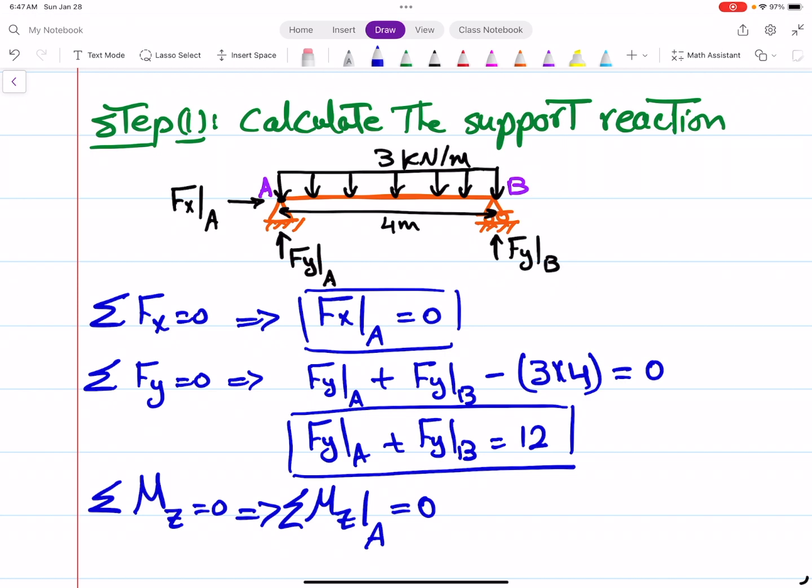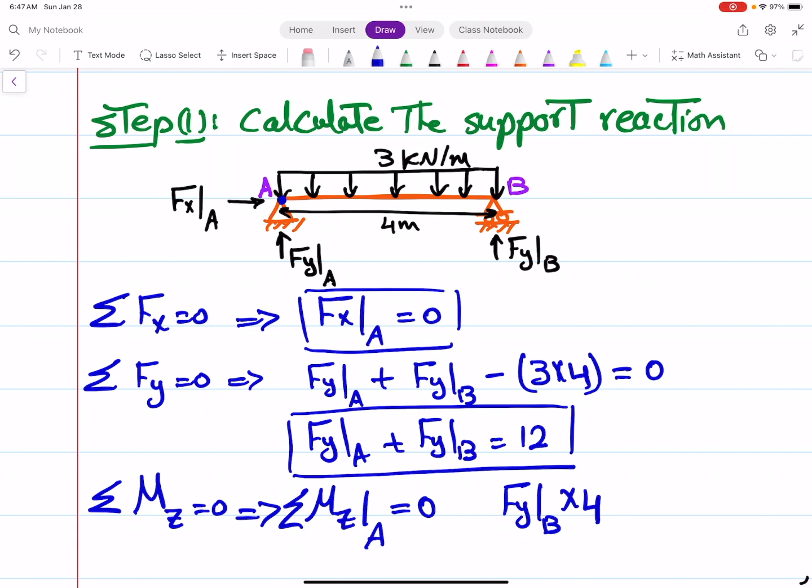About this point, you have Fy at B times 4, right? And this would be counterclockwise, so it would be positive.